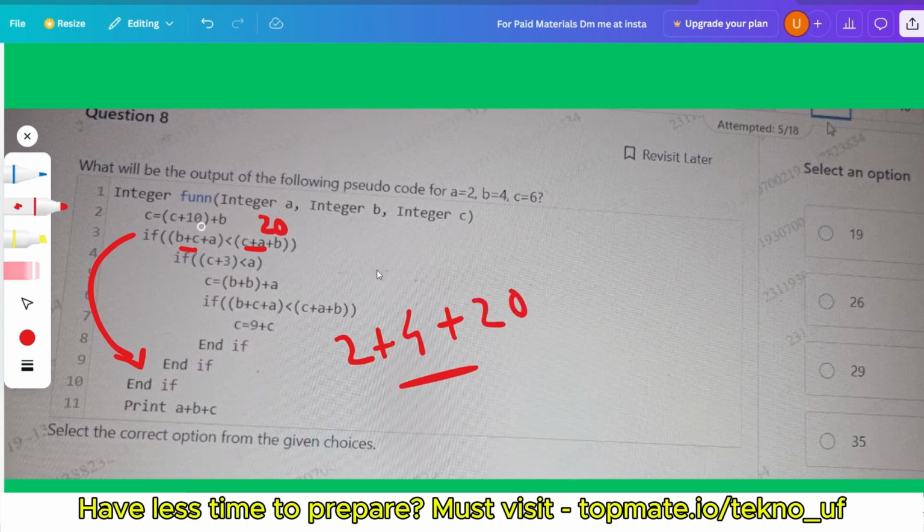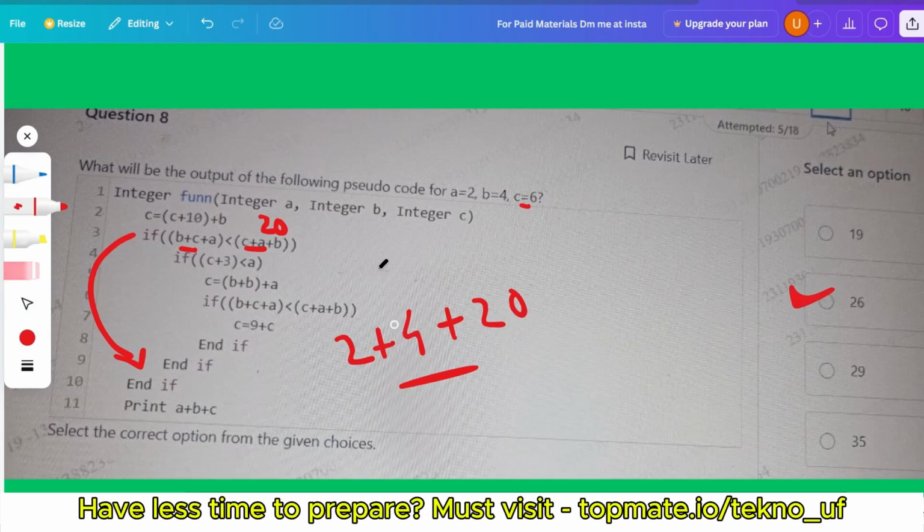By mistake they will add the value of C as 6, but they will forget to add the new C value. Sometimes I also make mistakes, so just make me correct. So 2 plus 4, that is 6, plus 20, that is 26. So the correct answer is at option B.